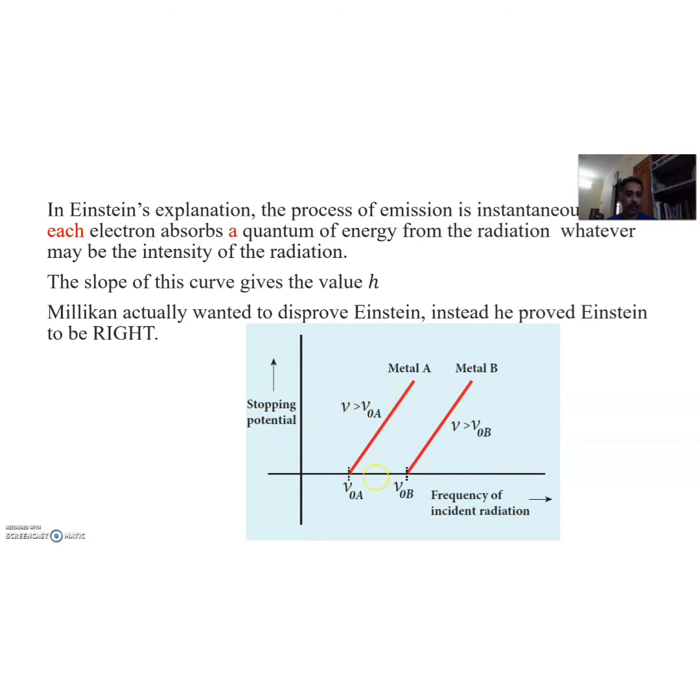And the slope of this curve always gives a constant value, and this constant value is the Planck's constant h. So in this way Millikan proved that Einstein is right, and Einstein's quantum theory, that is, he treated the incident radiation as a stream of particles each having a quantum of energy h nu. Right? So this is a breakthrough in quantum mechanics. Thank you.